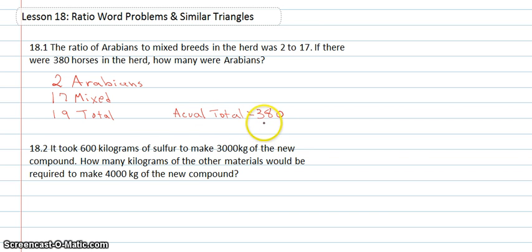So since they give us the actual total, we're going to use our total with the Arabian for their ratio. So we're going to have 2 to 19 would be equal to x over 380.